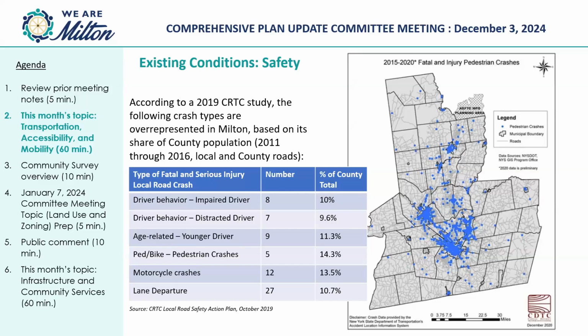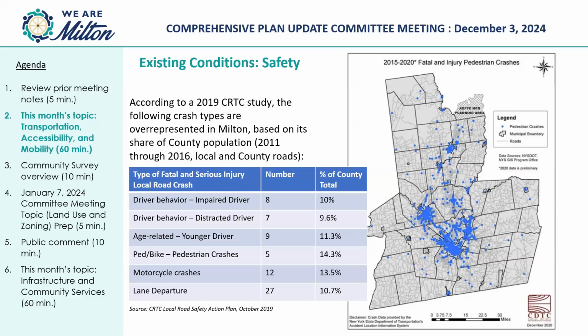And so the study, for a variety of different crash types, and there are a few listed here, has the proportion of the county population, and then it has the proportion of crashes for various types assigned to that municipality.